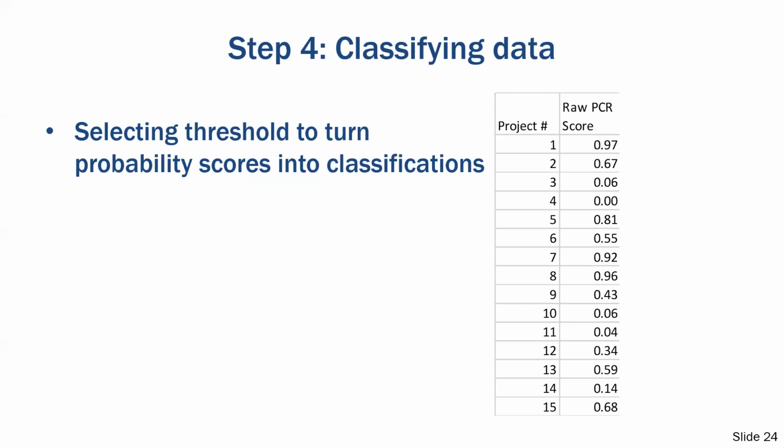Obviously, projects that get a score of 0.97 are probably going to be counted as PCR. Projects that get 0.06 are probably not PCR. But there's many in the middle, around 0.55, 0.59, 0.43. And it really matters what cutoff point you use, above which you're going to consider a project to actually be PCR or not.